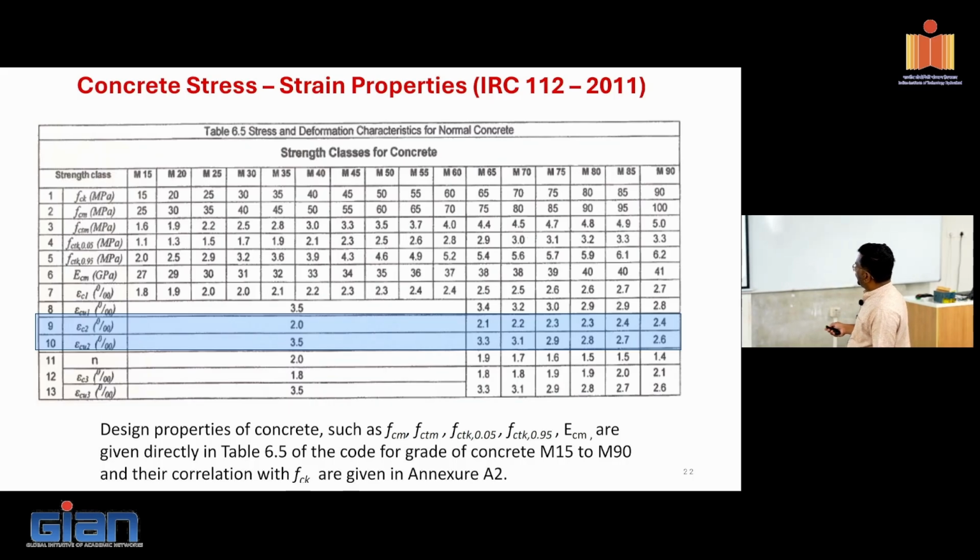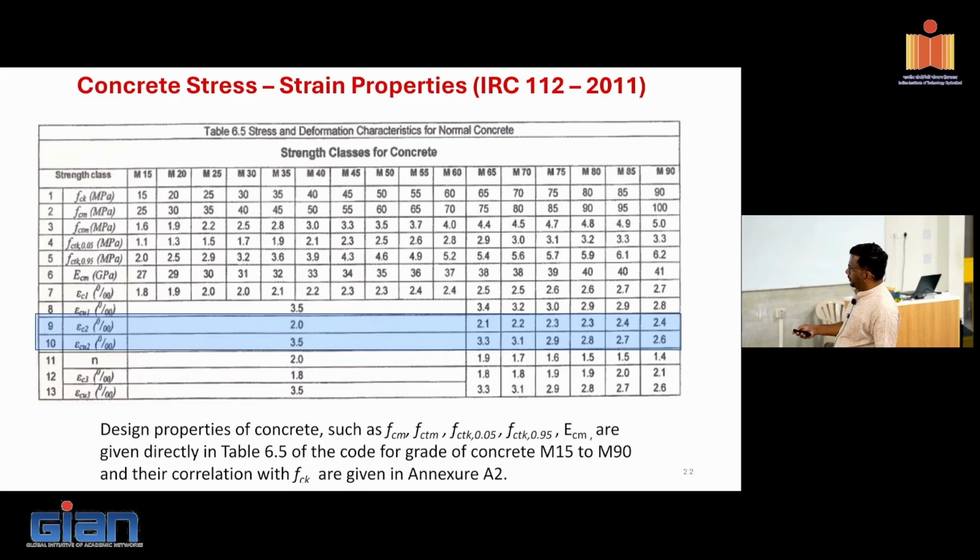But what they do is, they recognize the fact that there is a change in the stress strain curve response. Right? So this is actually 2 divided by 1000. So this symbol indicates that I need to divide by 1000. So 2 by 1000 is 0.002. Right? So what they recognize is the strain corresponding to peak strength increases with increase in grade of concrete.